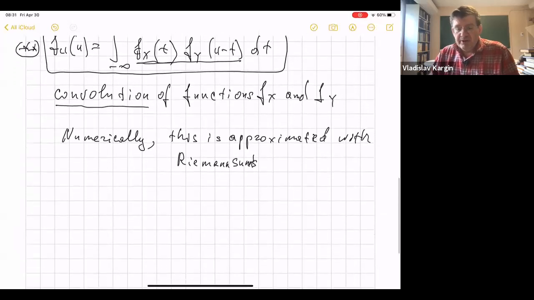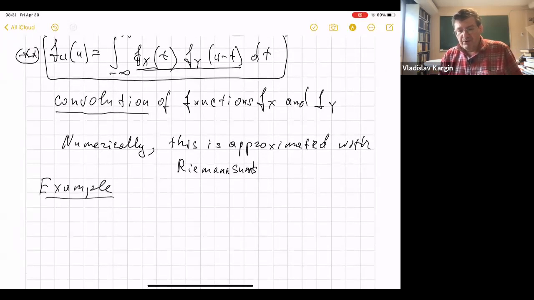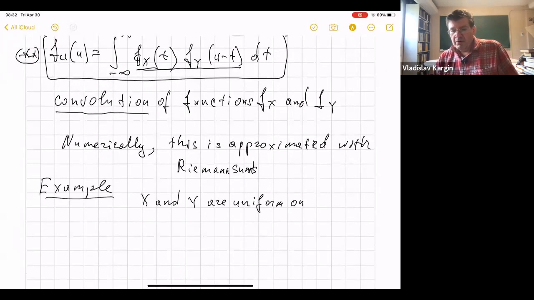So let's look at an example. Although the examples we are doing not numerically but analytically, so it might be a little bit cumbersome. Let's look at an example when x and y are uniform on the interval from 0 to 1.